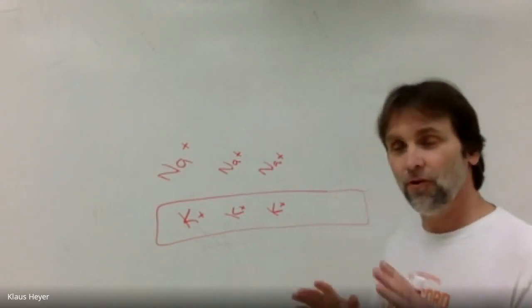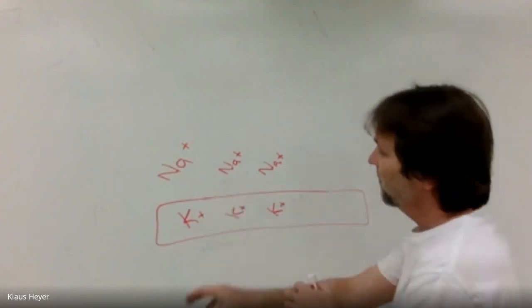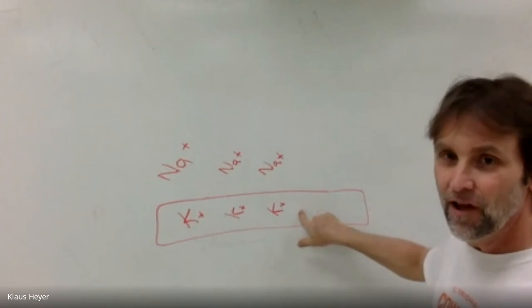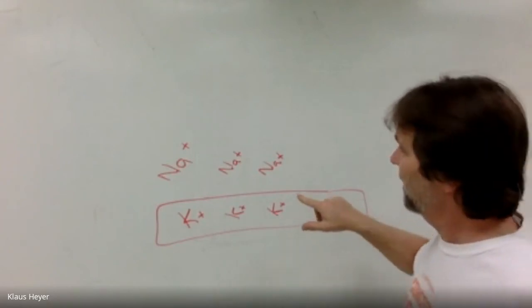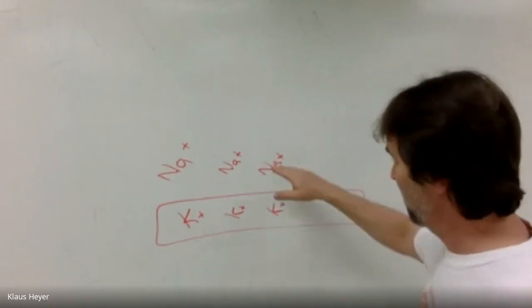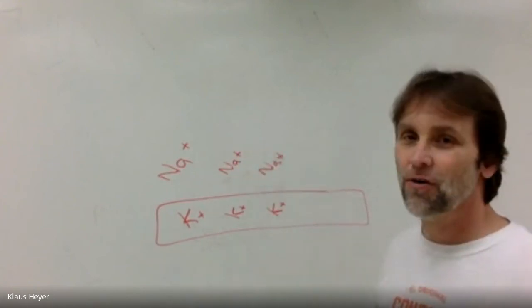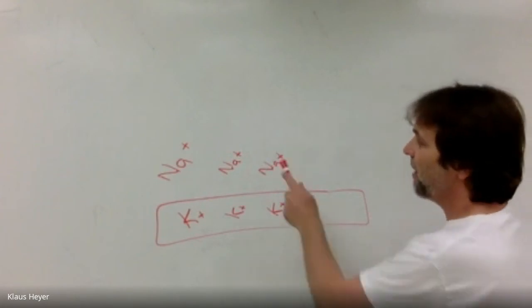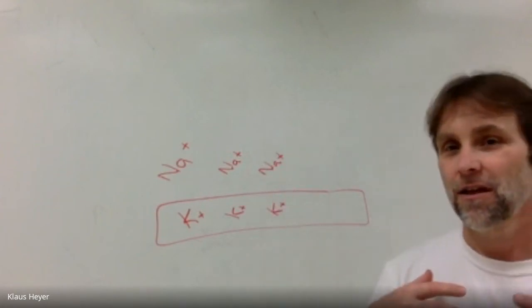So right now, let's look at this. Sodium's hanging out outside, potassium's inside. Don't look at it right now as sodium and potassium. Look at it as positively charged ions. If we're looking at positively charged, they're equal.